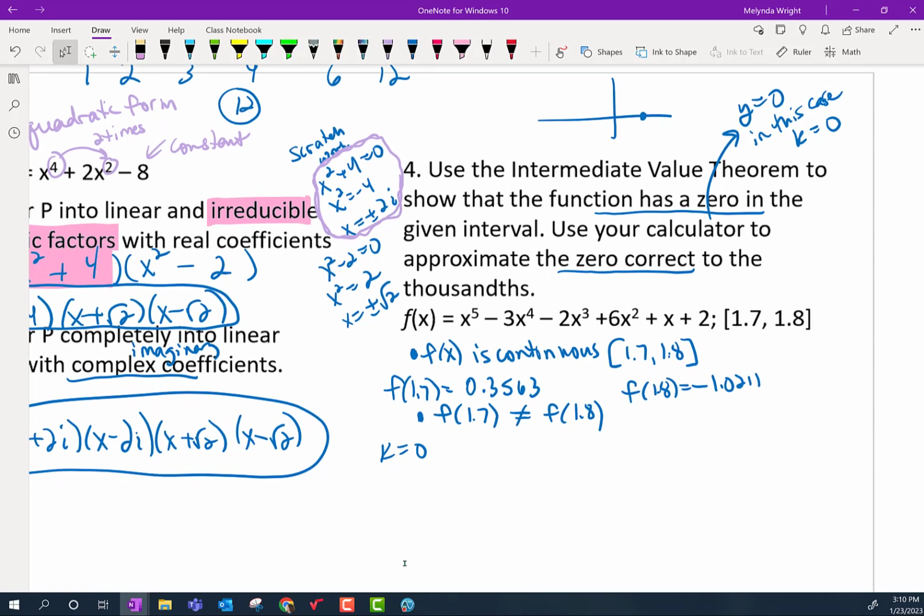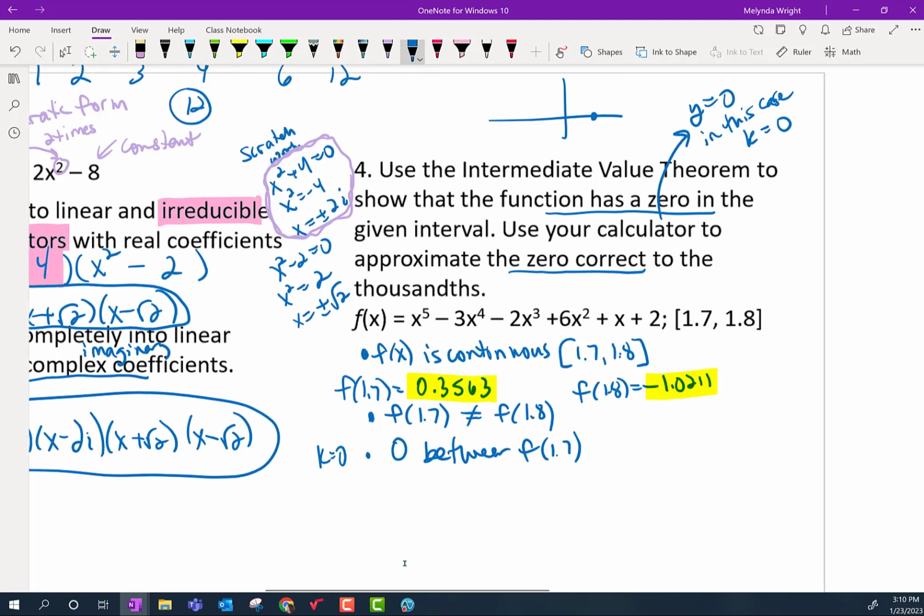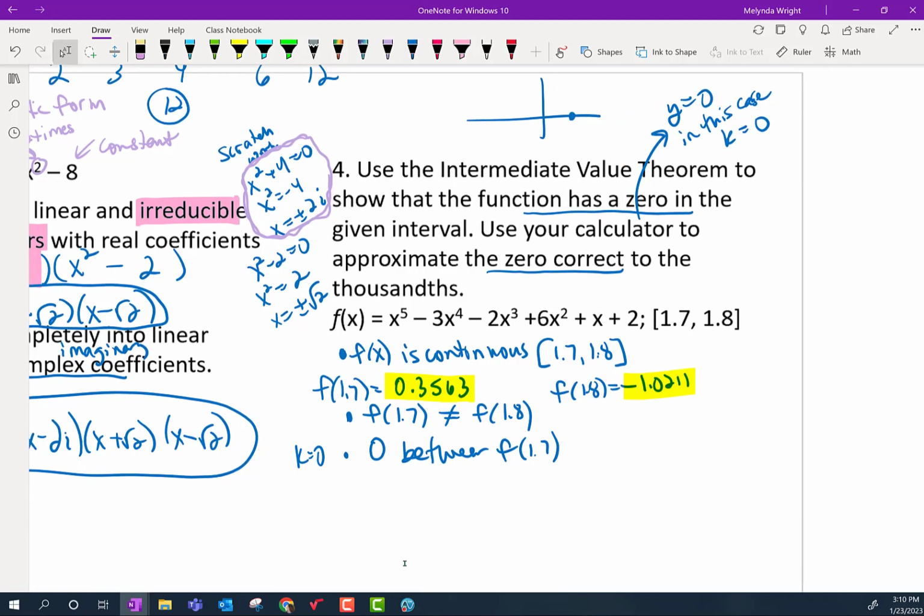So the third bullet point is: is 0 between f of 1.7 and f of 1.8? Is 0 between 0.35 and negative 1? Is 0 in between those numbers? Yes, think about a number line. I know it's not a number line, but I mean think about numbers. 0 is between f of 1.7 and f of 1.8.